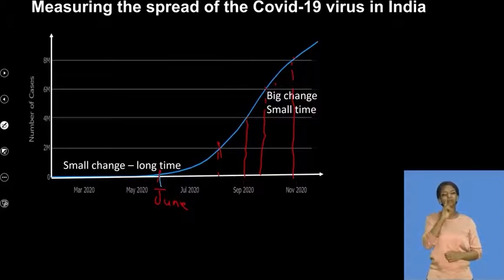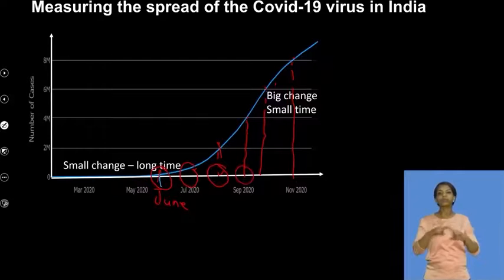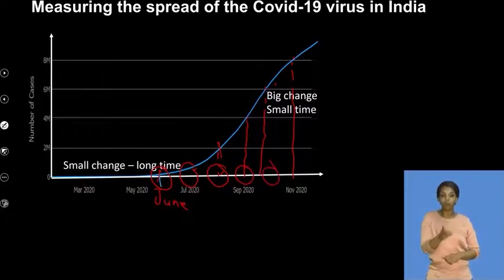Our rate of change through time, you can see that it's not constant. Also, our change is not constant, meaning the number of cases that I had here and the number of cases I have here, the difference between the two will not be the same as the number of cases that I will have at the next point, and so on for each of the following points.